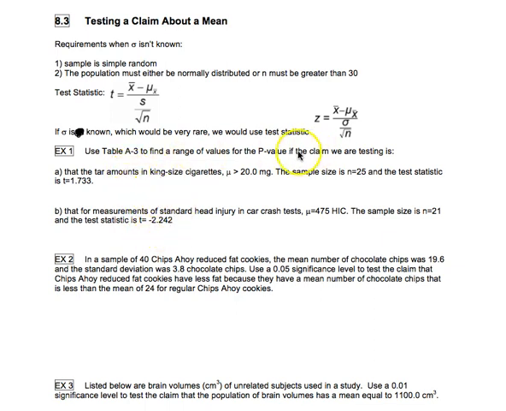So the claim we are testing in part A is that the tar amounts in king-size cigarettes, the population mean, is greater than 20.0 milligrams. The sample size is n equals 25, and the test statistic is t equals 1.733.